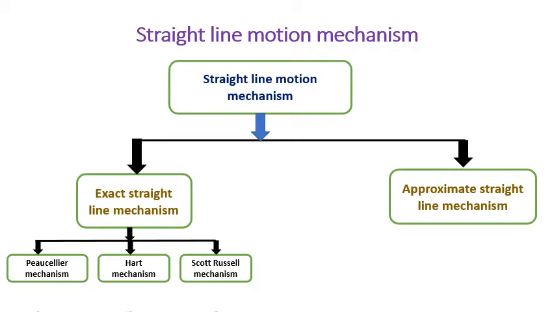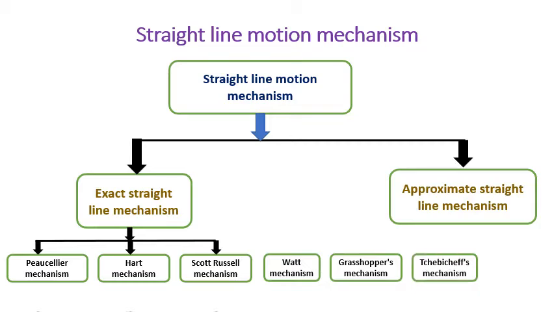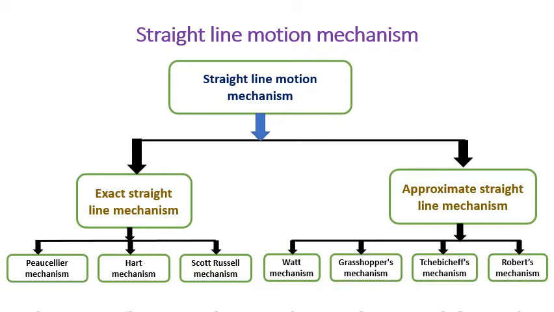Under the approximate straight line motion mechanism, first is the Watt mechanism, second is the Grasshopper mechanism, third is Chebyshev's mechanism, and last is Roberts mechanism. These are the four important types of approximate straight line motion mechanisms.